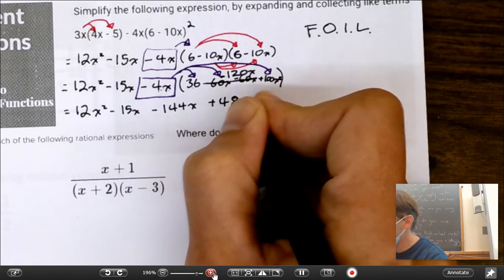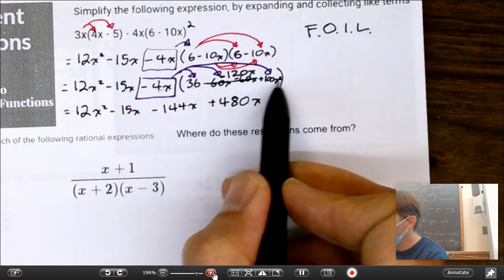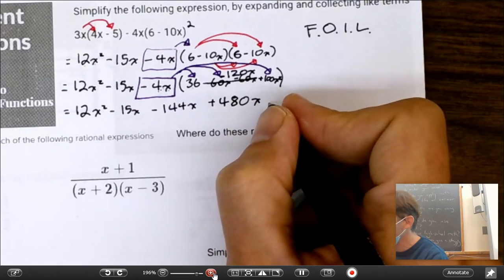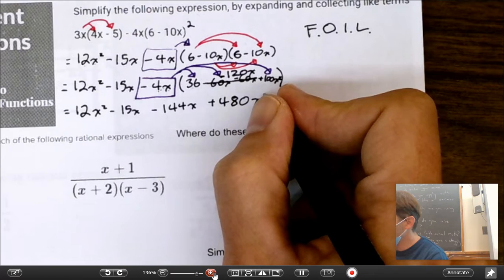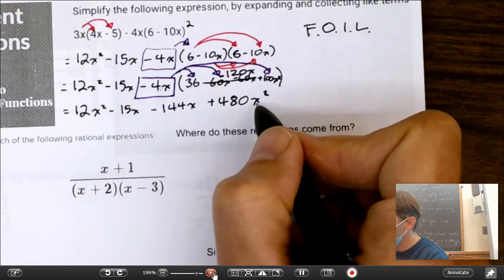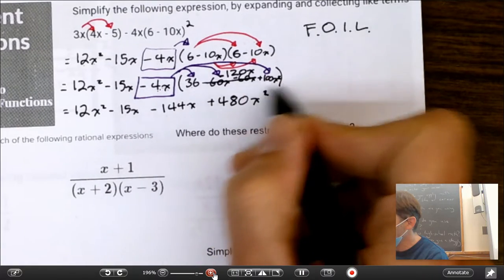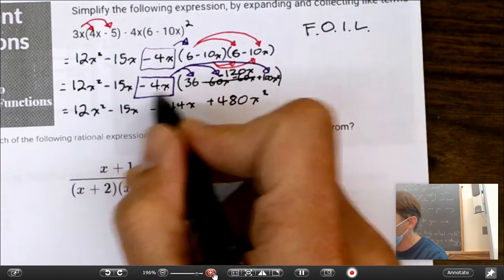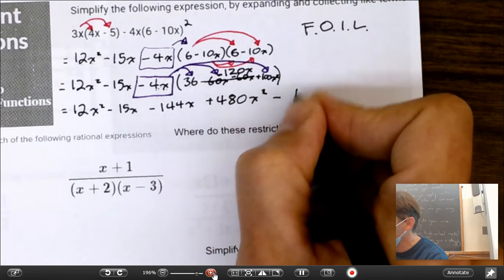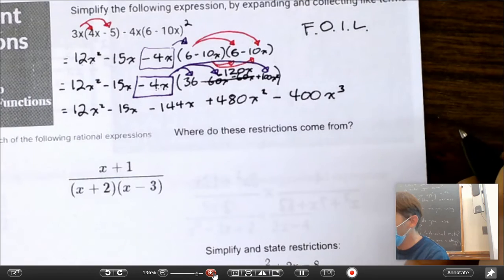Positive 480x squared, and then negative 4x times positive 100x squared. I multiply x times x gives me x squared, and number times number gives me positive 480. And then I have 100x squared multiplied by negative 4x gives me negative 400x cubed.